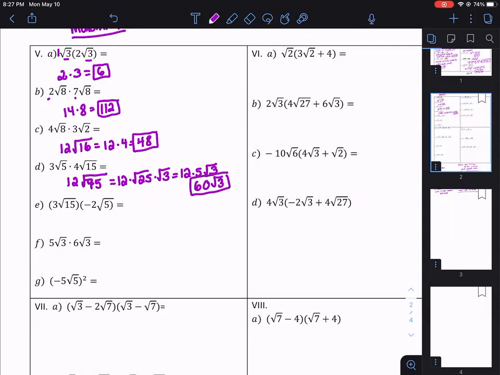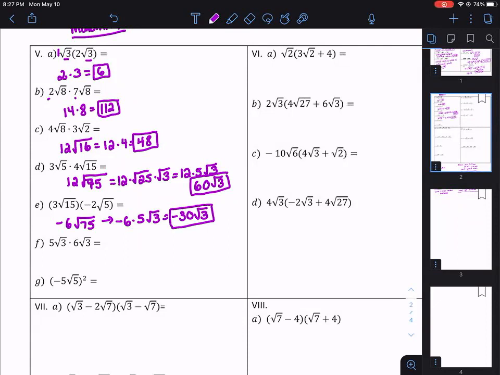Okay, so multiply first, simplify later. Since you have a negative times a positive, you will get a negative. I did not mean to give you 2 examples in a row with radical 75, but I guess I did. So again, we already know it's 5 radical 3, negative 30, the square root of 3.